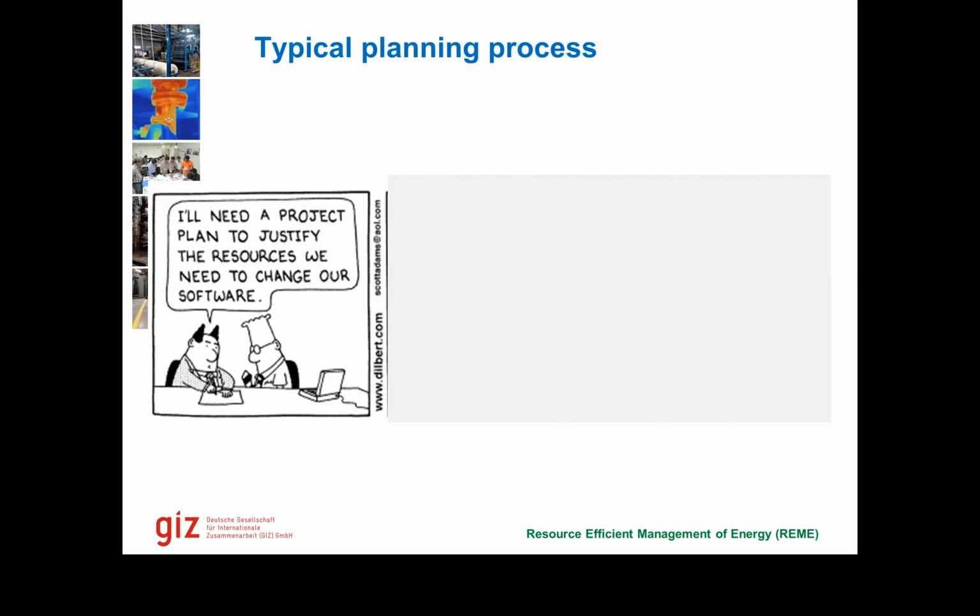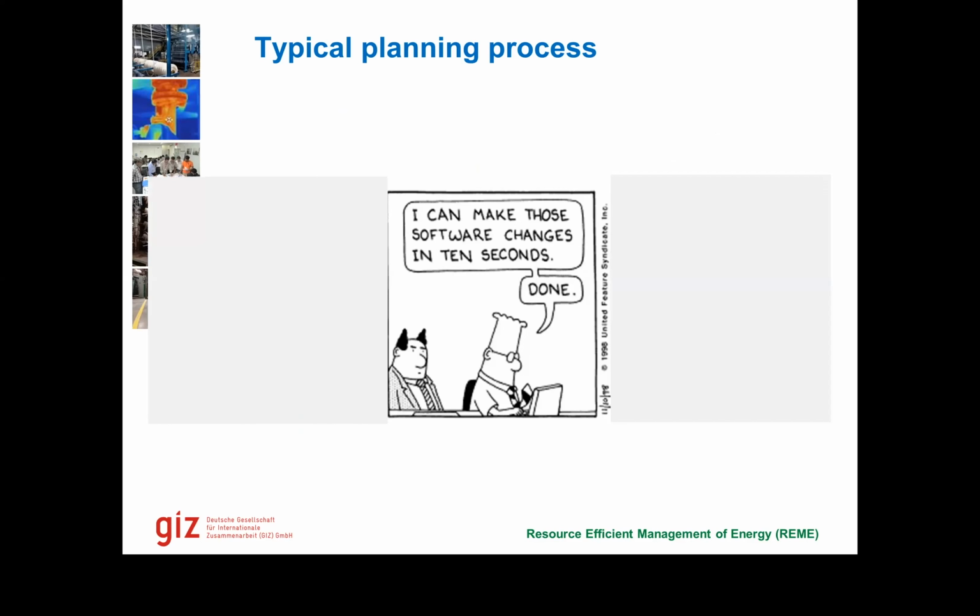So a typical planning process is the manager says that I'll need a project plan to justify the resources we need to change our software. So he's telling the software engineer that we need some resources, but we need to have a plan so that we can get our management to allocate resources.